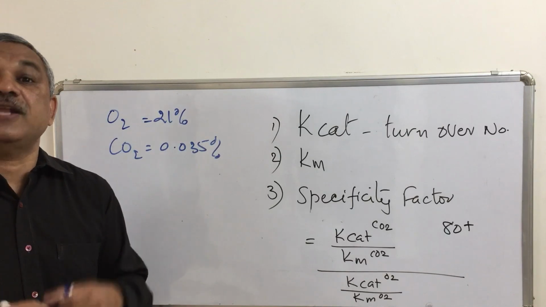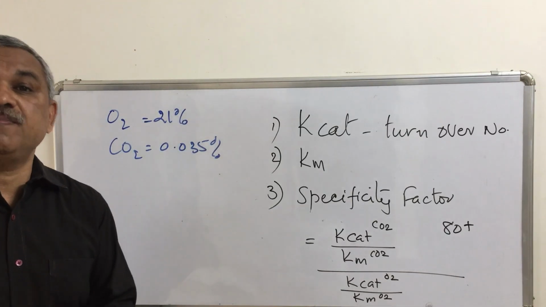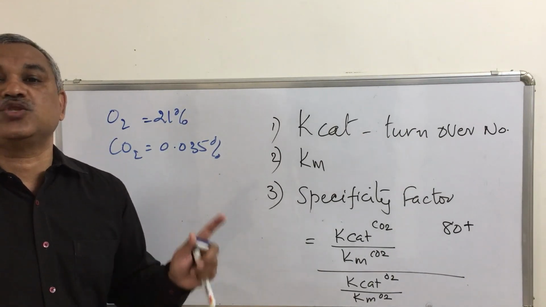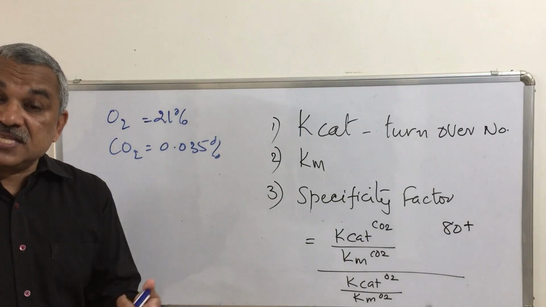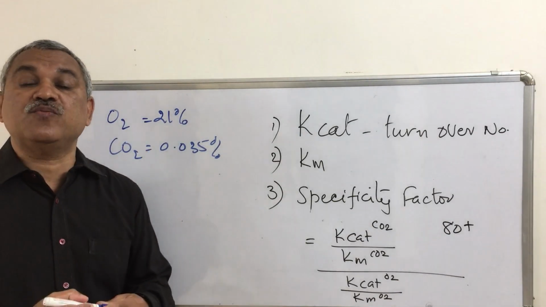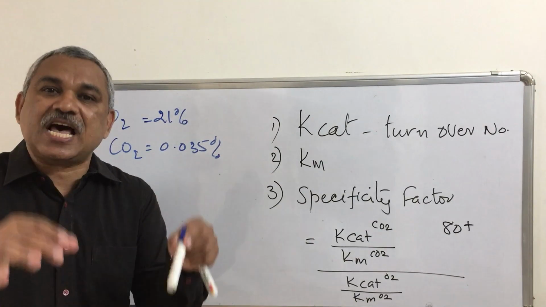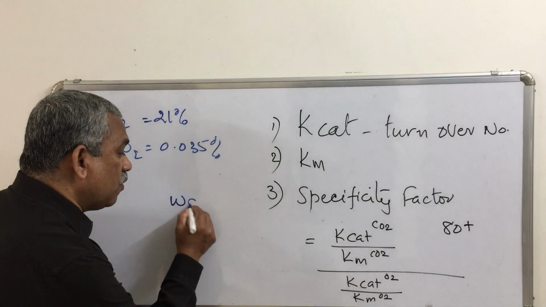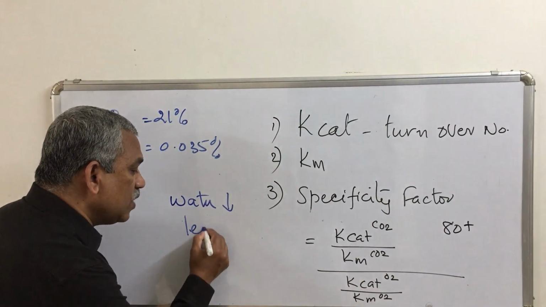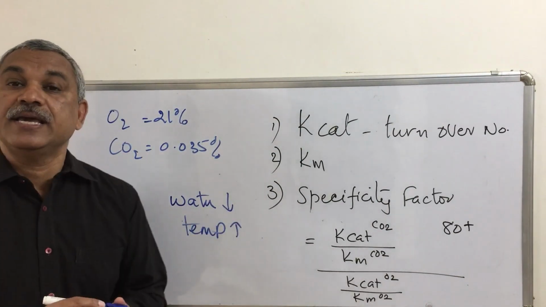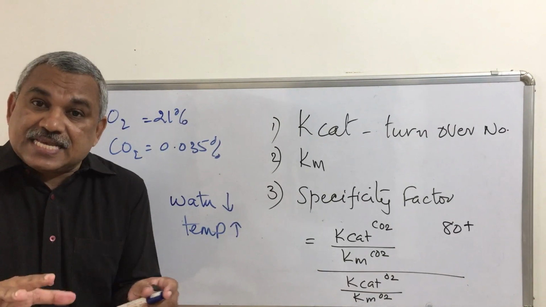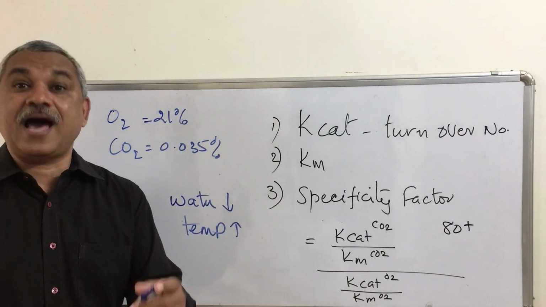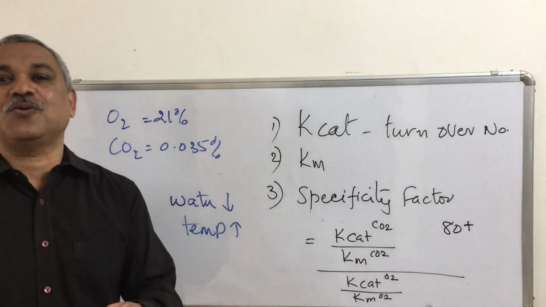When the temperature increases, the solubility of CO2 decreases, whereas it has no effect on the solubility of oxygen. All these contribute towards CO2 being less available when the water content is low or when the temperature is high. So when the water content decreases and the temperature increases, the availability of CO2 is less and oxygen is more for the enzyme to fix, which leads towards photorespiration.